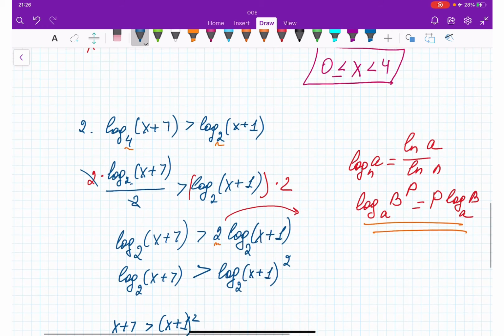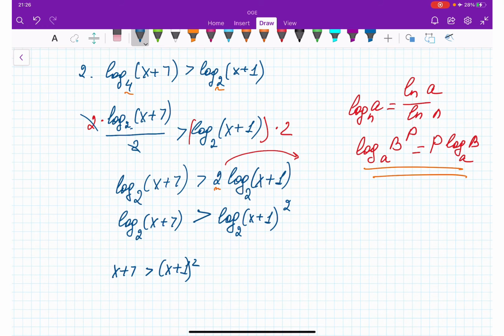The second condition I would put is that x plus 1 has to be more than 0, because I cannot afford to have a negative number under a logarithm. Now, if you ask why I don't also put that x plus 7 has to be greater than 0, that condition will be covered by this one.